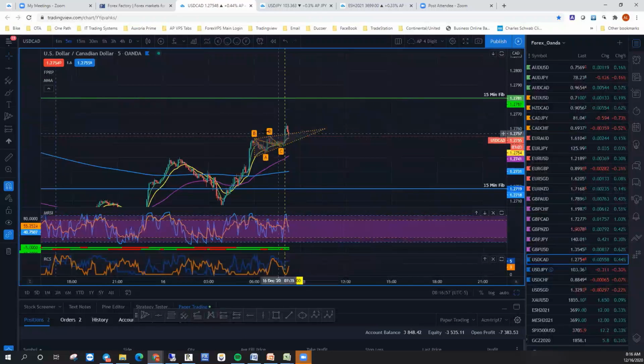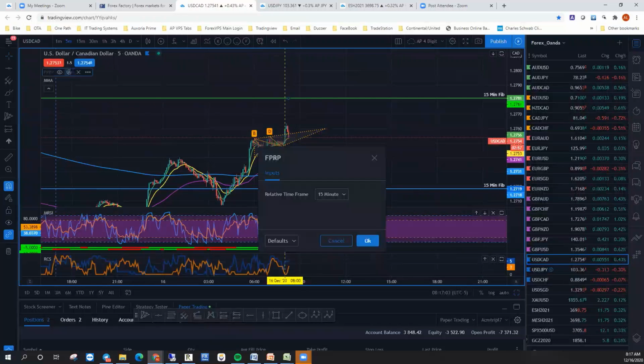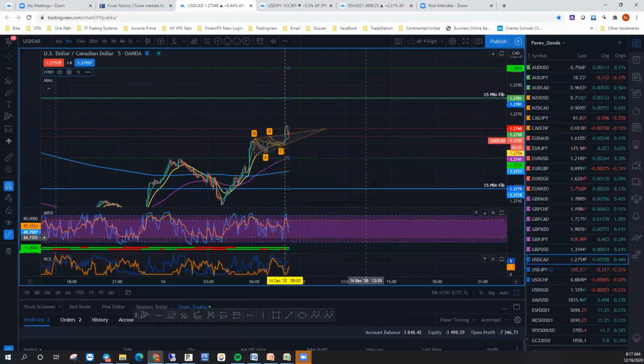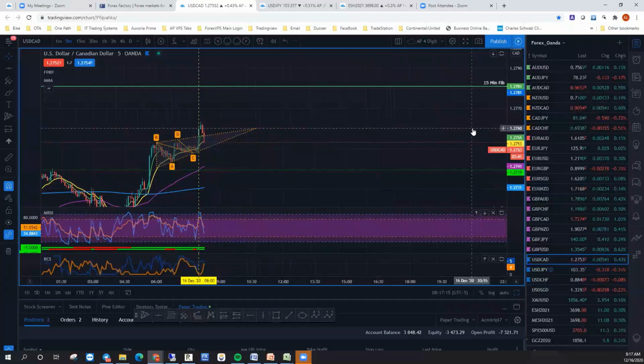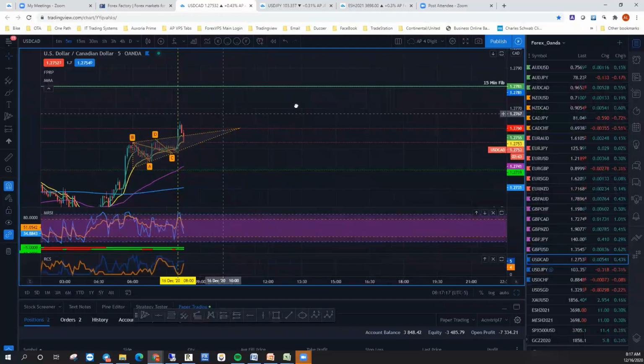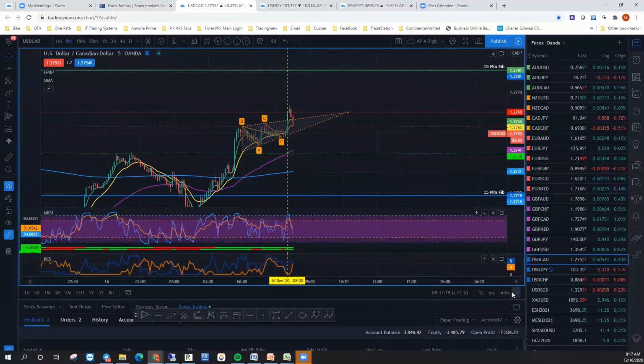And we're pretty much right at a 5-minute here, I think. There's a 5-minute red. It just bounced. We had a pass check, came back into the wedge. Looks like it wasn't quite ready to break out yet.